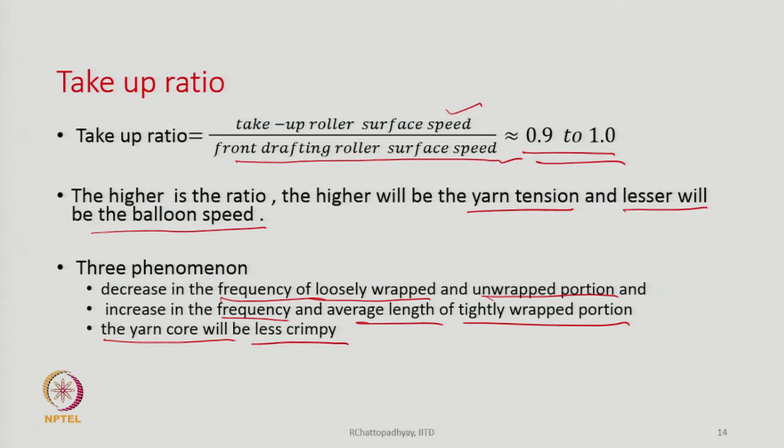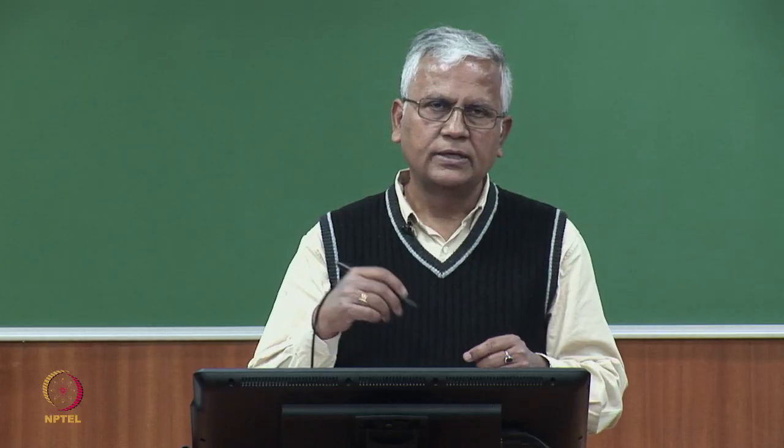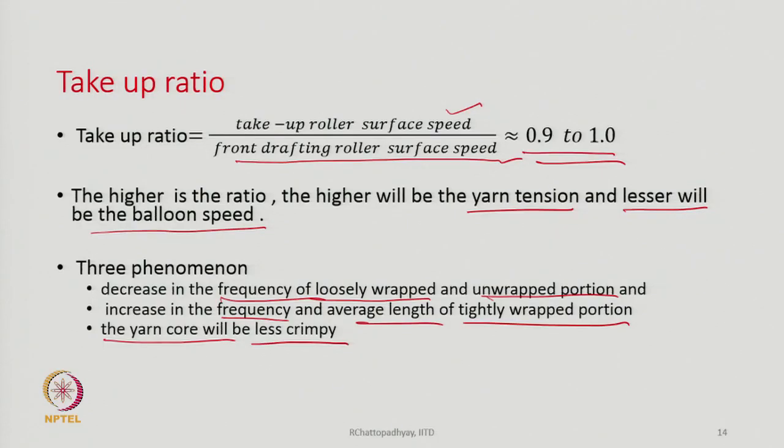So, it is a combination of parameters that will reduce the crimpy core, which is always better. If the tension is high, we keep the ratio a little high, but you see the ratio lies in this range only. So, 0.9, 0.92, 0.94, 0.95, 0.98, this is the range in which it lies.